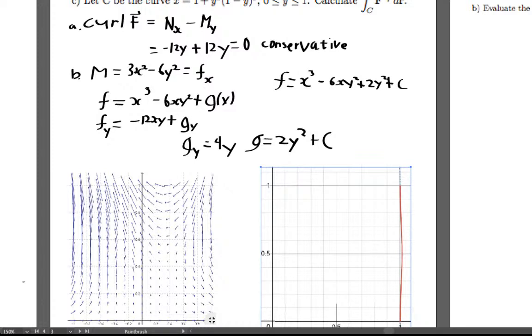And when you plot them all, it tells you which direction goes to the higher point, I believe. I believe that's how you read it.